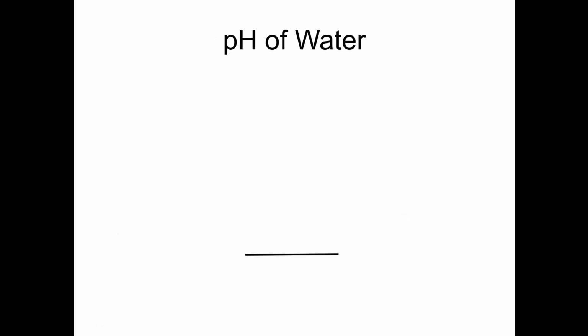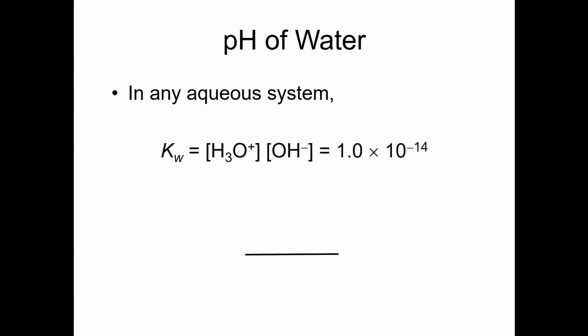Well, that raises the question of how do we determine the pH of pure water? First of all, in any aqueous system, whether it's neutral or acidic or basic, Kw is going to be equal to the hydronium ion concentration times the hydroxide concentration, which is going to be equal to 10 to the minus 14.